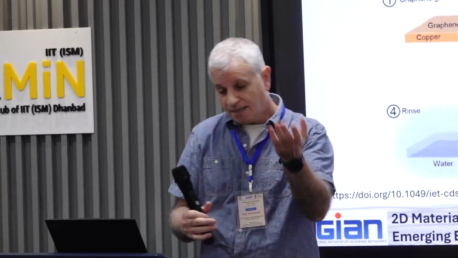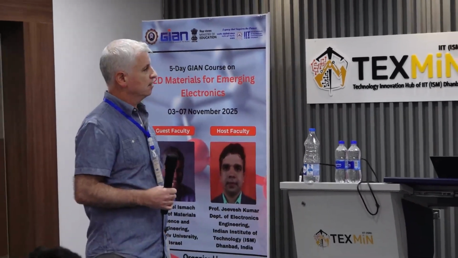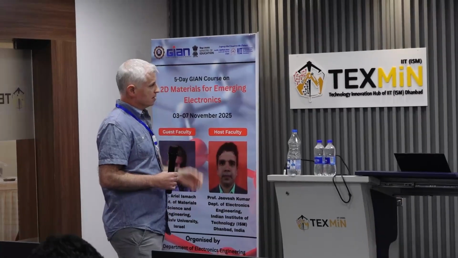Okay, but now we have the graphene on the metal. So what do we do with it? In order to study it, in order to make devices, in order to do whatever we want to do, we need to transfer it. One of the best known methodologies is what is called the wet transfer.